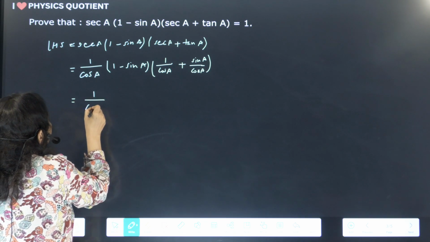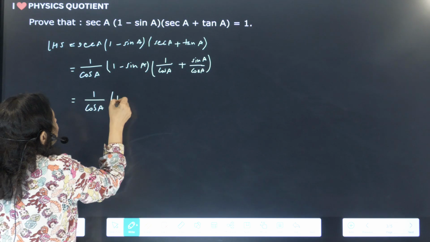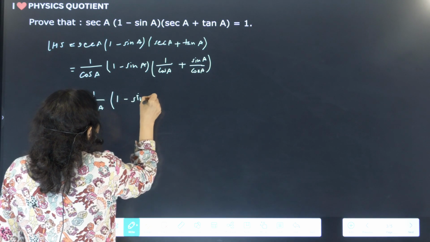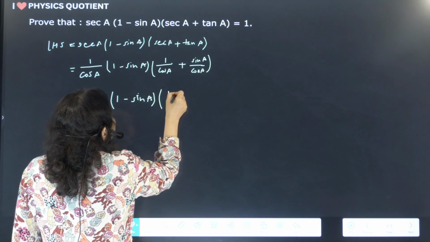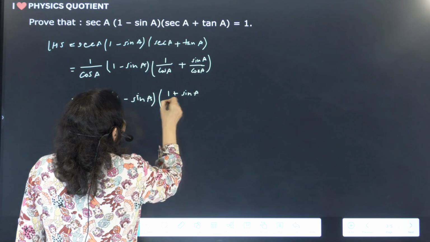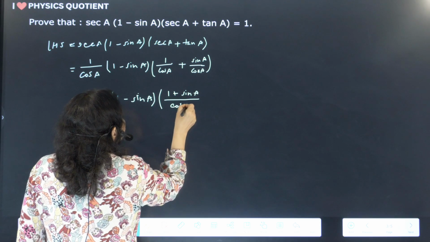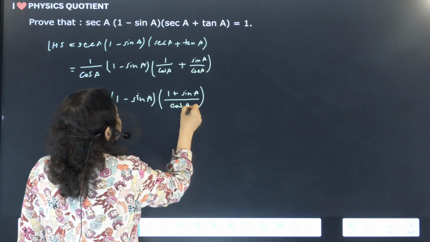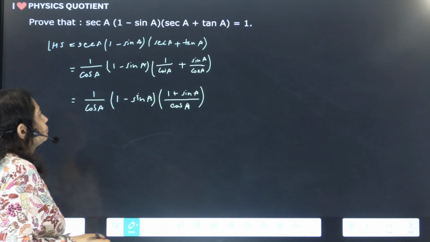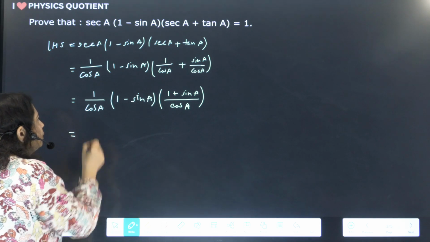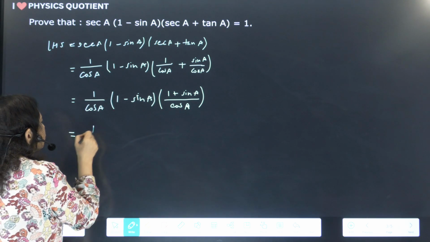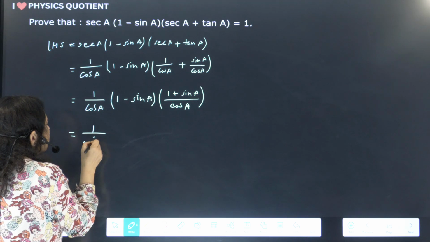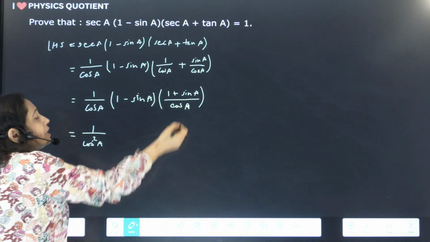One upon cos A into 1 minus sin A as it is. Taking LCM, 1 plus sin A upon cos A. So this equal to 1 upon cos A, 1 upon cos A is 1 upon cos square A, and this is a plus b, a minus b.